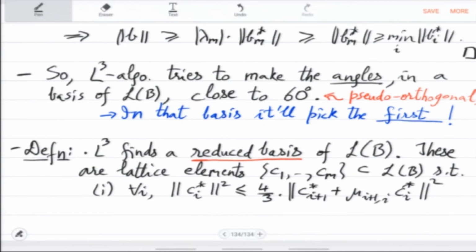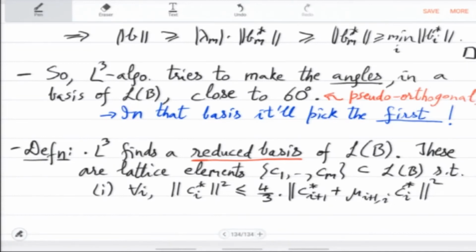Okay, so if you were able to implement GSO, then this RHS, this Ci plus 1 star plus mu i plus 1 i Ci star, would have been equal to Ci plus 1. So this is actually comparing the length of Ci plus 1 with C2 with C1, and it is a way of trying to ensure that C2 is not much smaller than C1.